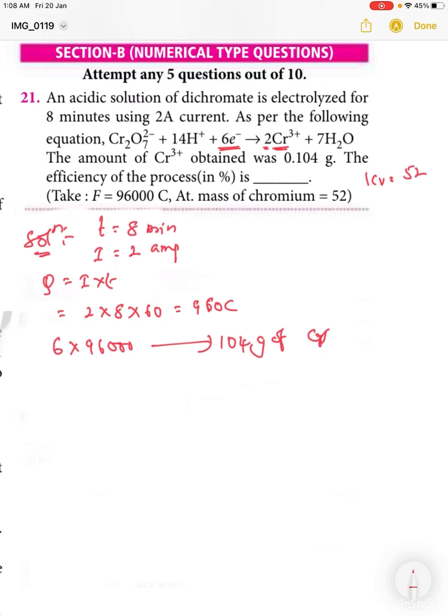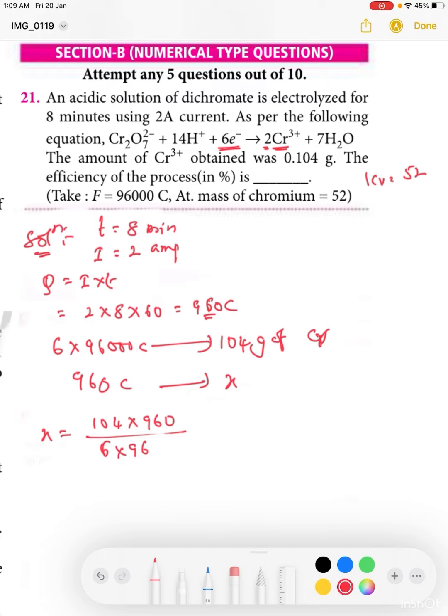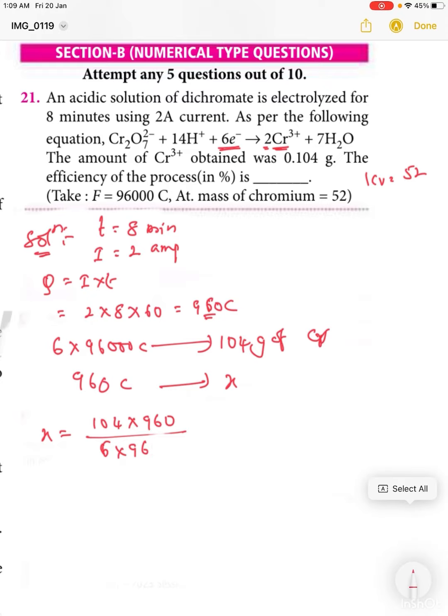Then 960 coulombs deposit how much chromium? X equals 104 into 960 by 6 into 96,500 grams. This equals 0.173 grams.